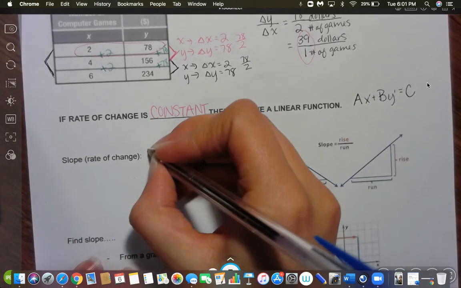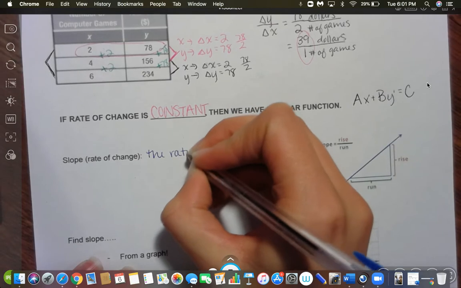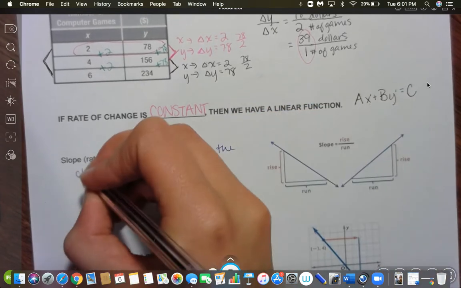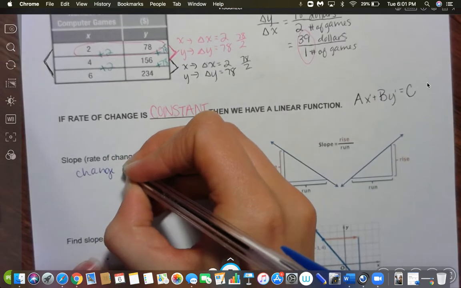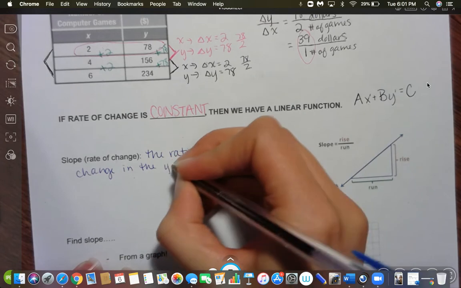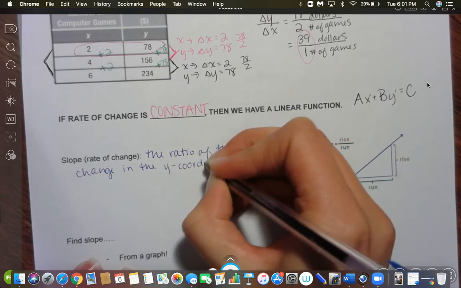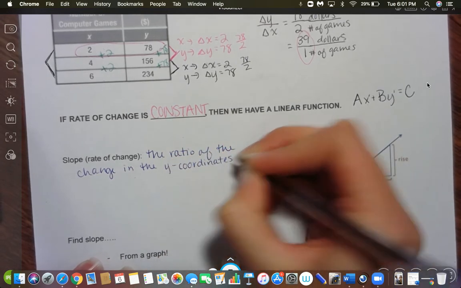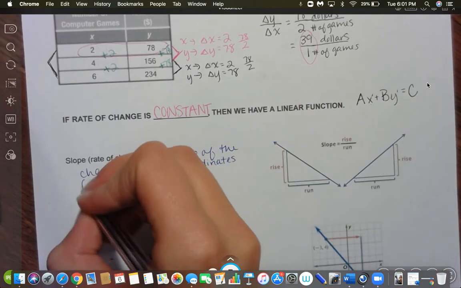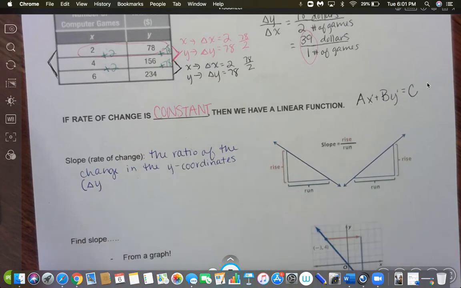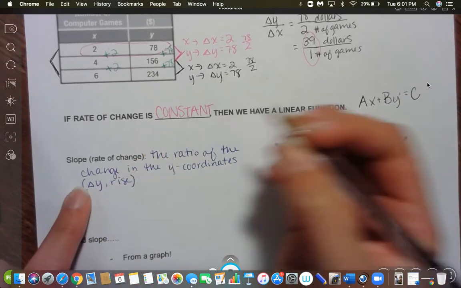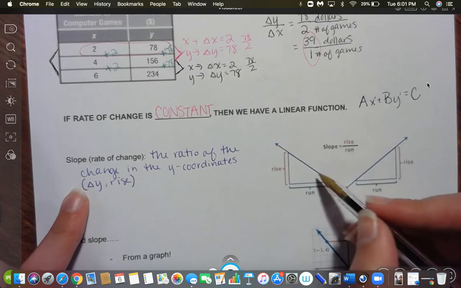So slope, that is the ratio of the change in the y coordinates. All right, and then this is a term that we use in math for shifting in the y-coordinates. Okay, we already talked about change in y being written like that. We also call that the rise. And so the rise, it's listed over here.